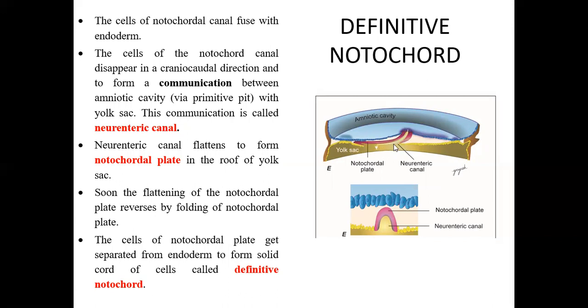Then there is craniocaudal fusion of the notochordal cells with the underlying endoderm to form a neuroenteric canal. After that, this will form a notochordal plate. Then this notochordal plate incorporates with the underlying endoderm. Later on, it will roll upon itself to form a solid notochord.